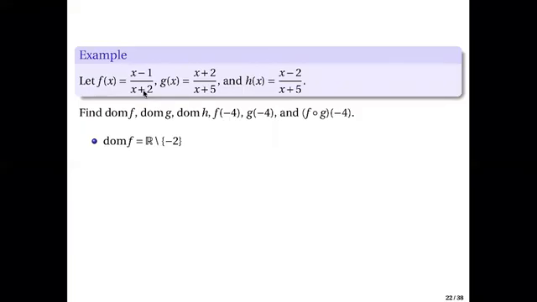So you don't want your x to be negative 2. For all other numbers, the function f of x is defined, meaning our only restriction is that x cannot be negative 2. So the domain of f is the set of real numbers except negative 2. You remove that negative 2.